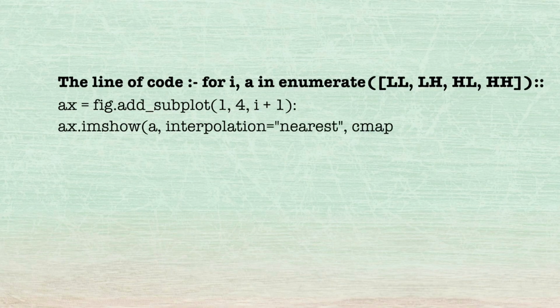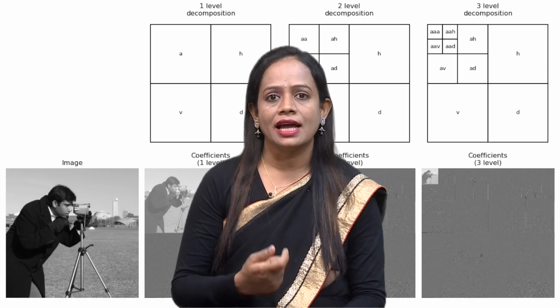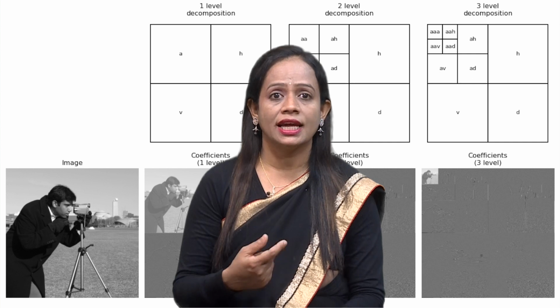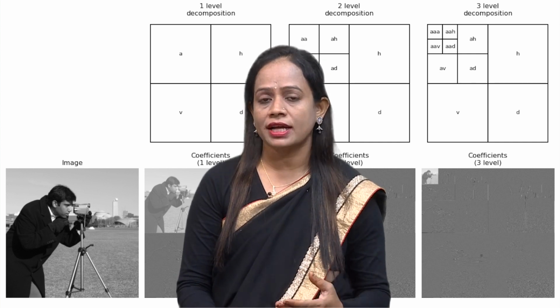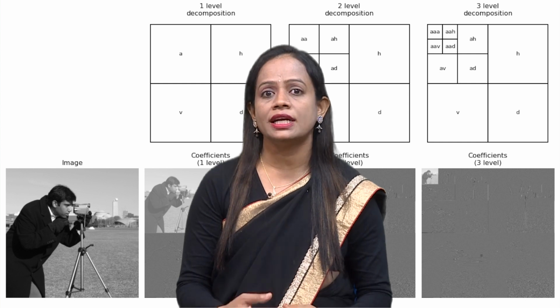Then type ax.imshow, with the second parameter interpolation equal to 'nearest', and the third parameter cmap equal to plt.cm.gray. So this line displays the image a in the current subplot ax. The imshow method is used for showing the image.